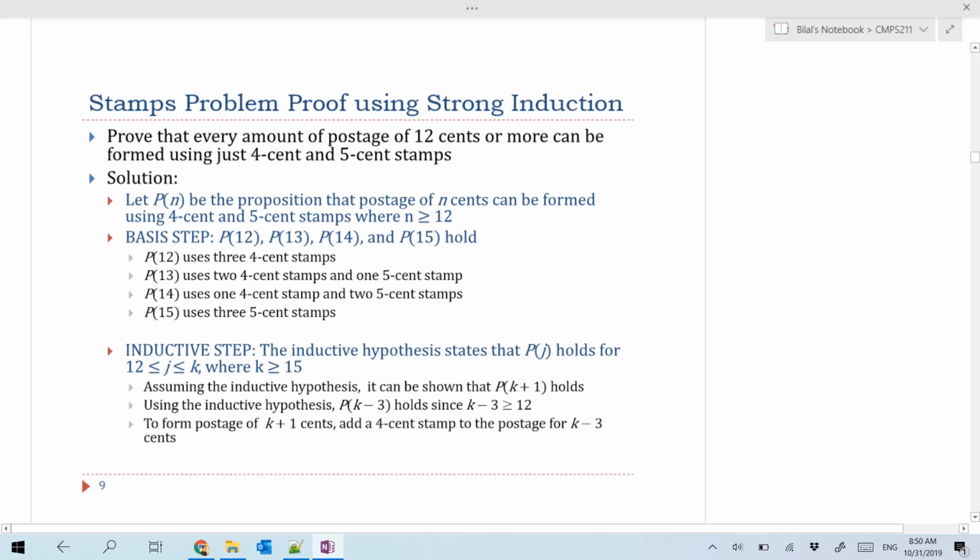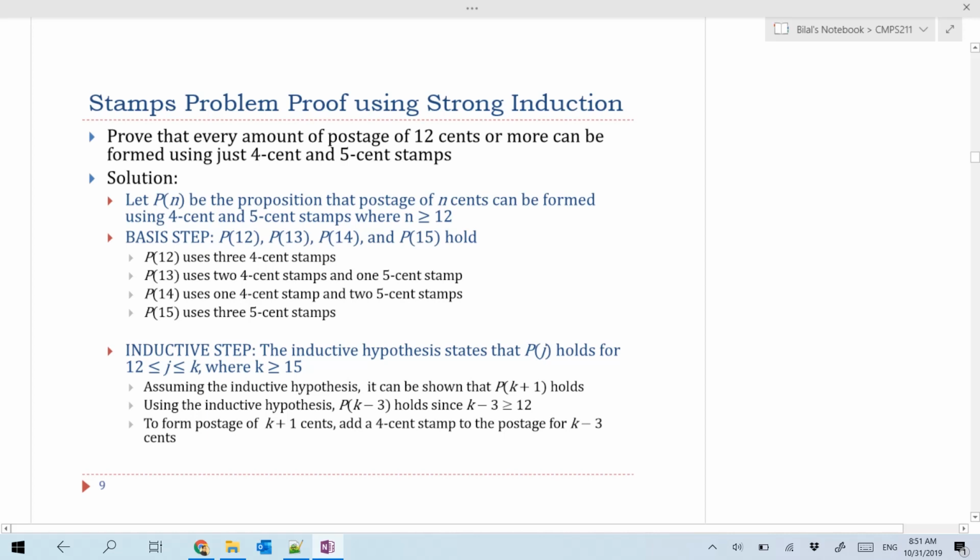Actually, we can dictate the same property for k plus 1. And the reason is, using the inductive hypothesis, the property for k minus 3, which is less than or equal to k, must be true according to our assumption. So the property holds for k minus 3, okay?